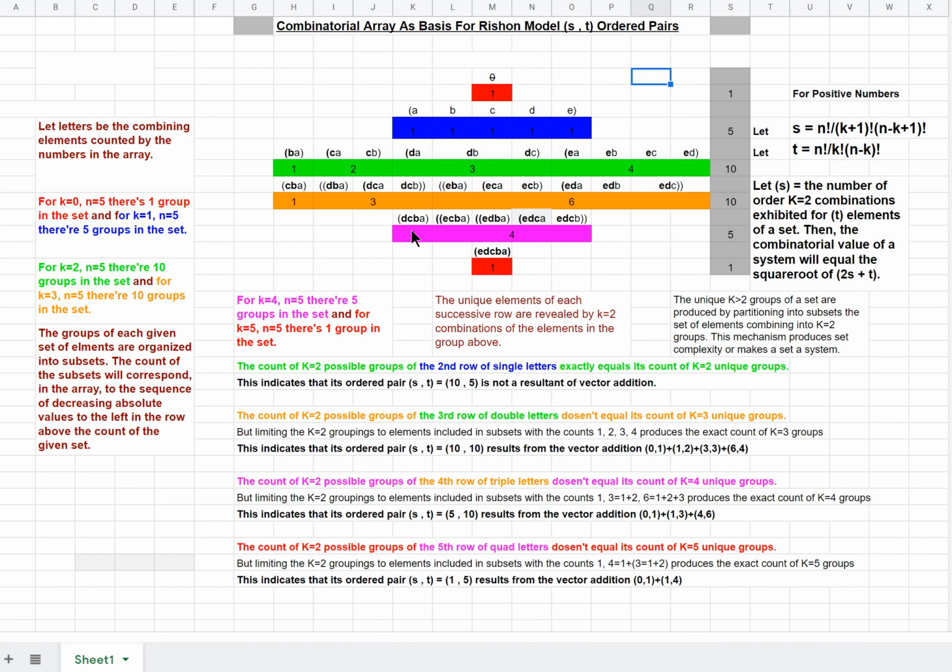And so we see that this is partitioned into a group of 1 and a group of 4.